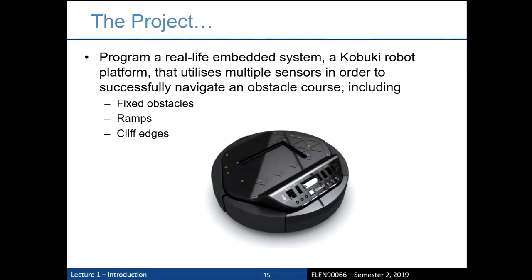It has the motors, rotary encoders, you can read angles. It has bump sensors, 3 on the front. It has cliff edge sensors that can detect if there's a big drop. It has, as you'll learn, you're going to interface a 3-axis accelerometer on here so it can tell when it's on an incline or not.